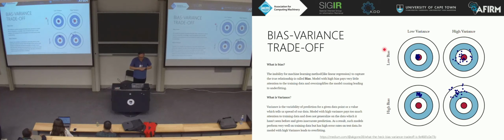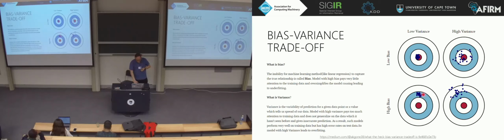I'll go into details of what this means in machine learning, but if you just look at this example that isn't machine learning on the right here, if you have low bias and low variance and you're trying to shoot at a target, you just always hit the target. If you have high variance, you're kind of centered around the target, but you are more spread out. So that's what variance means.